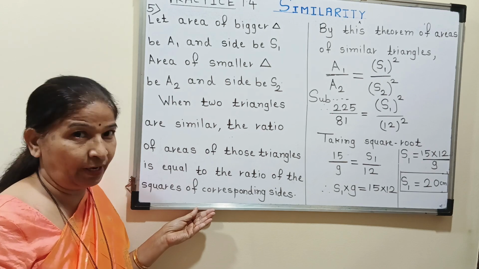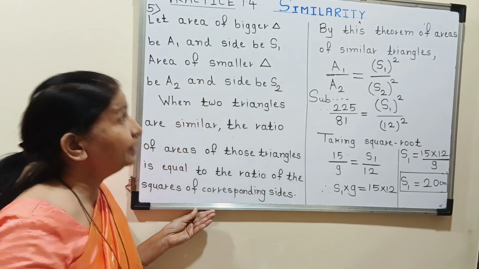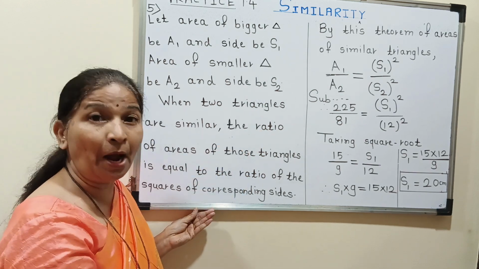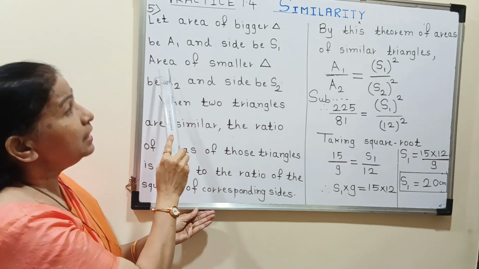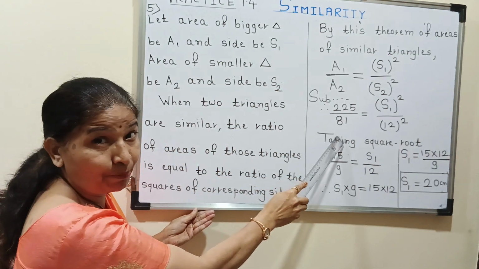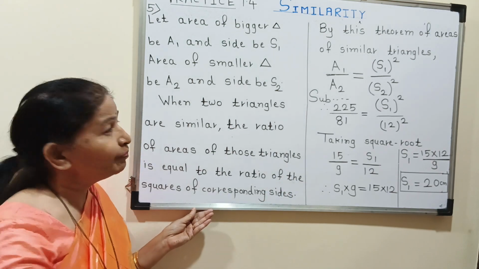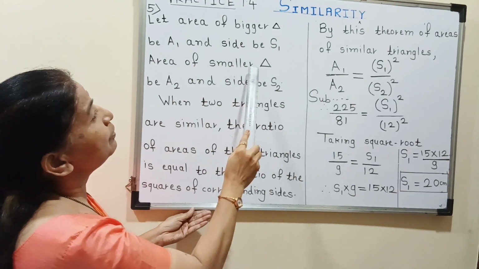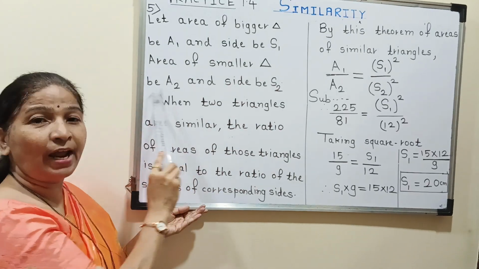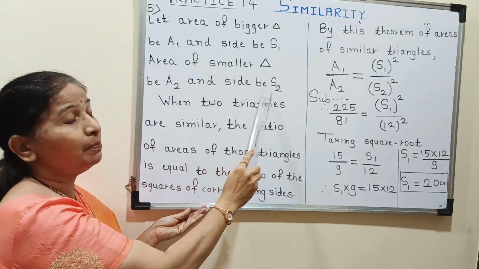A stands for area, and let the side of the bigger triangle be S1, which we have to find out. Then let the area of the smaller triangle, which they had provided as 81 square centimeter, be A2. It is smaller, so A2. A stands for area, and the side be S2.